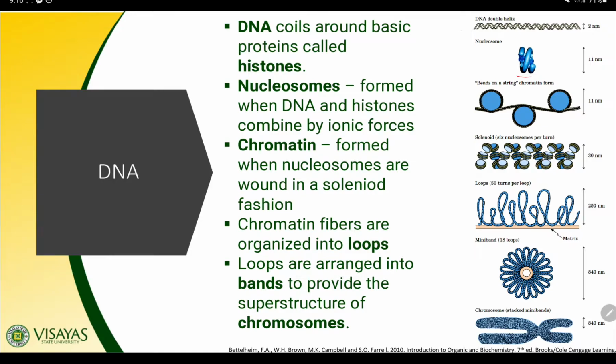No? So we form nucleosomes. And then we form chromatin when the nucleosomes are wound in a solenoid fashion. These chromatin fibers are organized into loops, so they become like this, and these loops are arranged into bands to provide the superstructure of chromosomes.